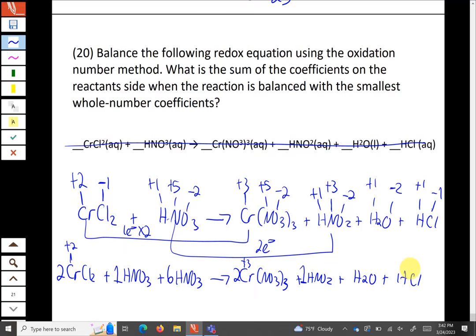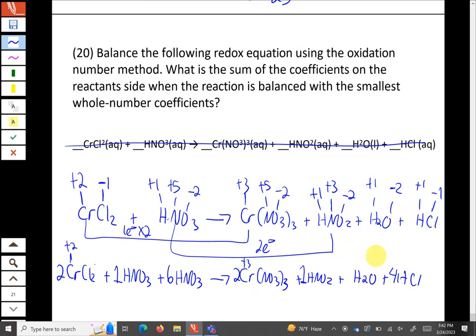And so for what we have for chlorine here is that on the left side we have 4 chlorines, 2 each for this compound here, so we need to have 4 HCl's. And then for oxygen, we have to make sure the number of oxygens is the same on both sides. That's where water is going to come into play.